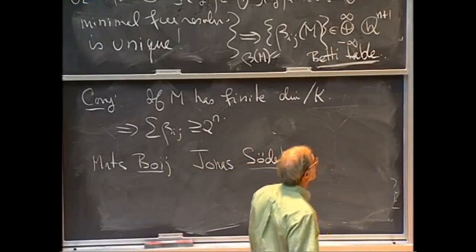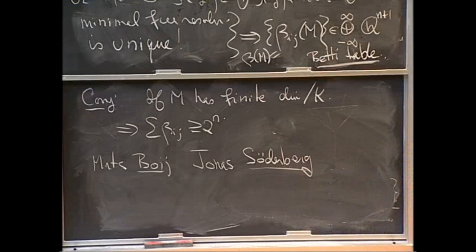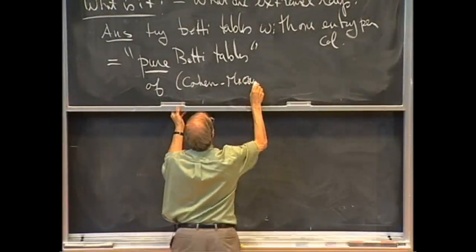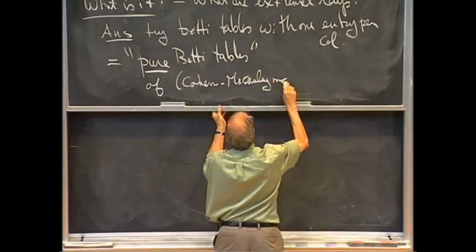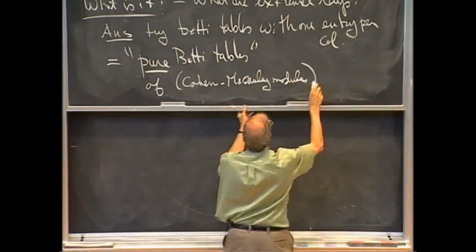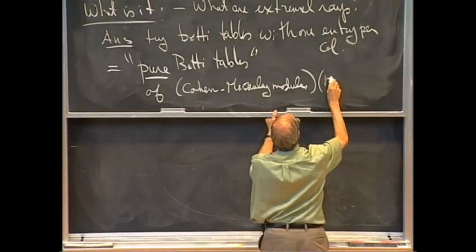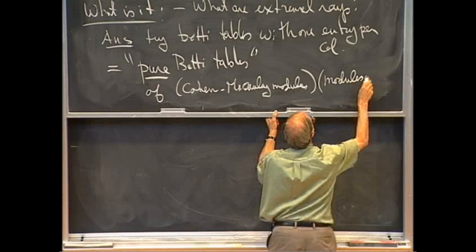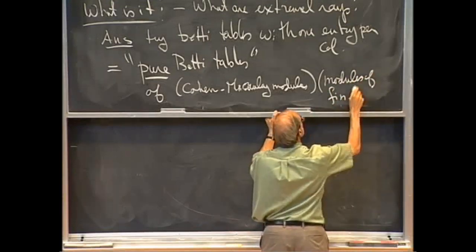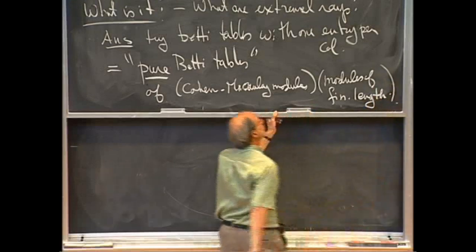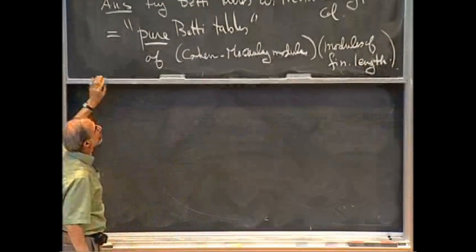So one way or the other, pure Betti tables of, on the one hand, Cohen-Macaulay modules, that's sort of the grown-up way to think about it. Or you could think, without losing a thing, modules of finite length. And again, finite length just means finite dimensional as a vector space. Okay? So take your choice.